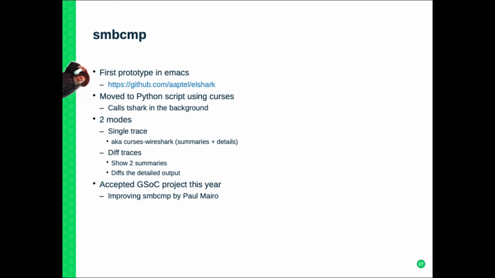Yeah, it's part of the list of improvements to make. Currently I'm just using the text output of Tshark, but in the future I would like to use the XML output and really do a deep diff of it, because it's a tree-like structure and you can find smarter ways to diff.